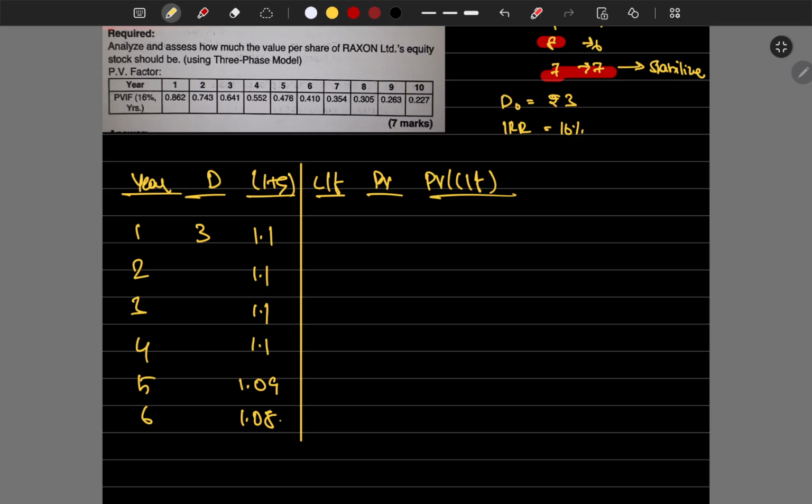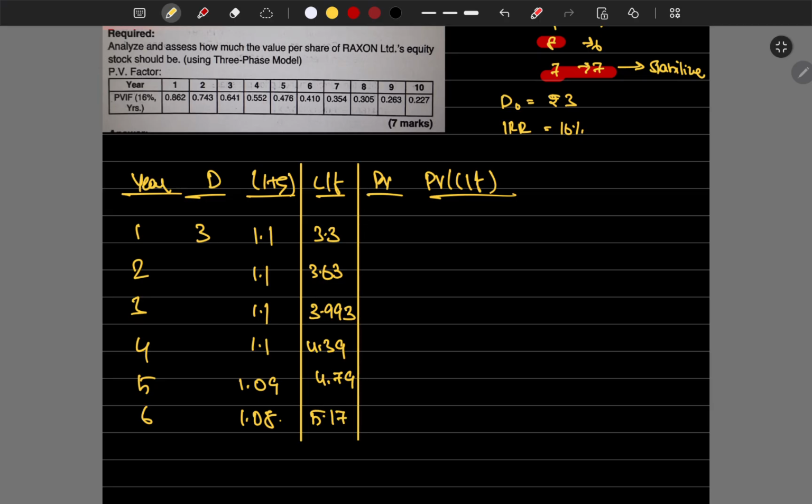So 3 into 1.1 is 3.3, into 1.1 is 3.63, into 1.1 is 3.993, into 1.1 is 4.39, into 1.09 is 4.79, into 1.08 is 5.17.